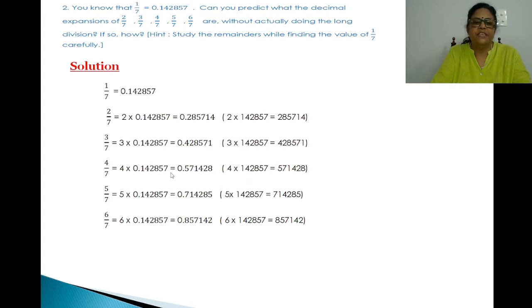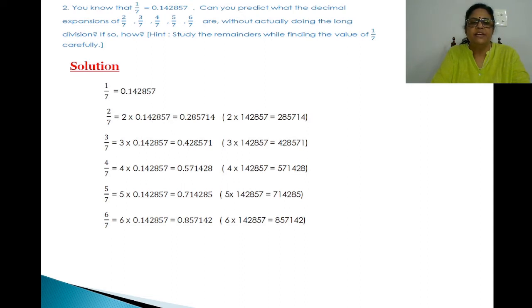And 4 by 7 is 4 into 1 by 7, 0.571428. 5 by 7 is 5 into 1 by 7, 0.714285. 6 by 7 is 6 into 1 by 7, 0.857142.